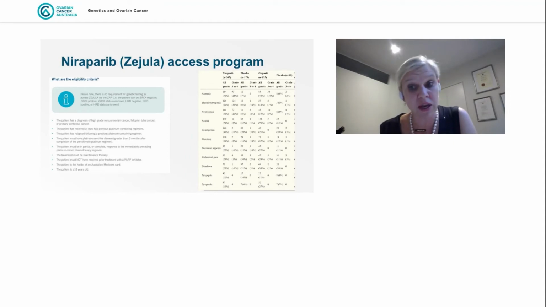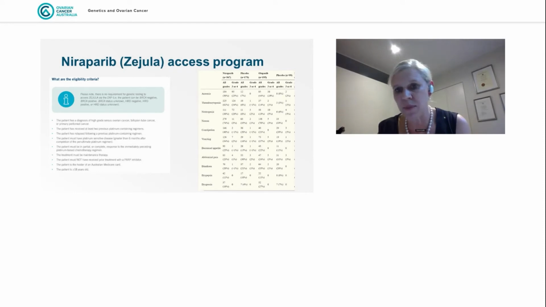There are side effects that we would expect with both olaparib and niraparib, particularly differentiating a risk of increased blood pressure with niraparib, and a greater likelihood of things like thrombocytopenia, nausea and fatigue with niraparib compared to olaparib.